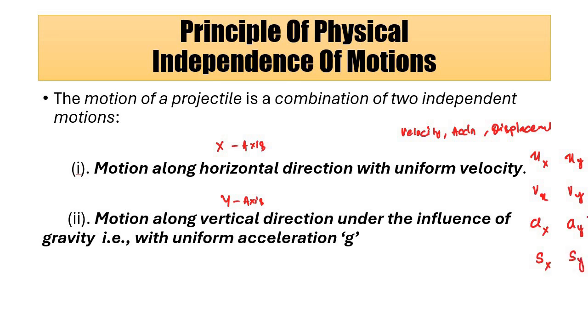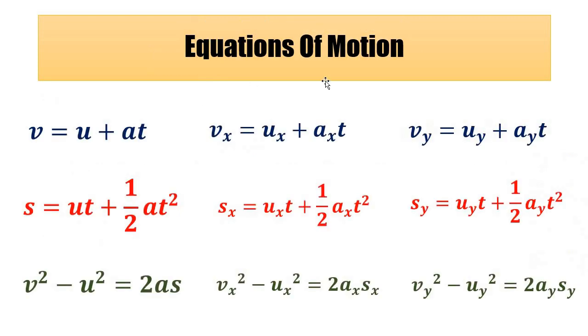The x subscript denotes the parameter along the x-axis. The y subscript denotes the specific parameter along the y-axis. Now, another thing is the equations of motion, which are applied separately to each of the two axes. We know these three basic equations for one-dimensional motion along a straight line.